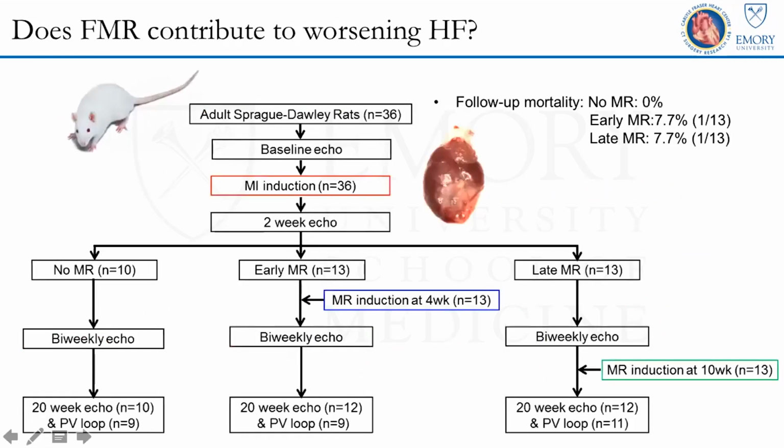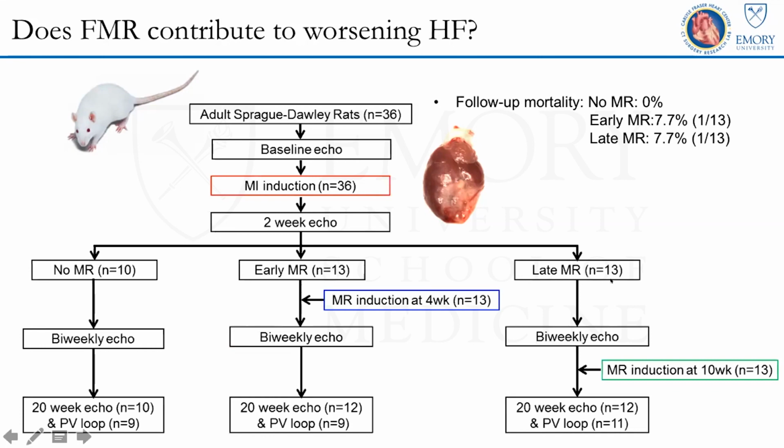So this is the experimental design. We took 36 rats, performed baseline echocardiography, induced a myocardial infarction, and let them survive to 2 to 4 weeks. After their hemodynamics had stabilized, we went back in one group of animals and induced MR, which is the early MR group.